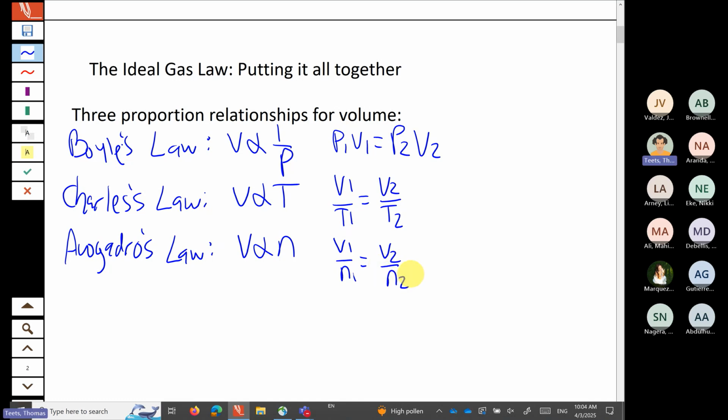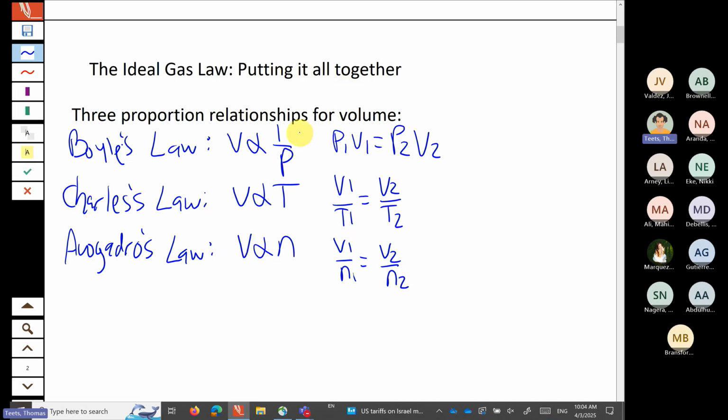So we have these three equations, and sometimes it's hard to know which one to use, or sometimes we might be relating two things that don't fall under these gas laws. So we're going to take these three things here and combine them by taking the product.